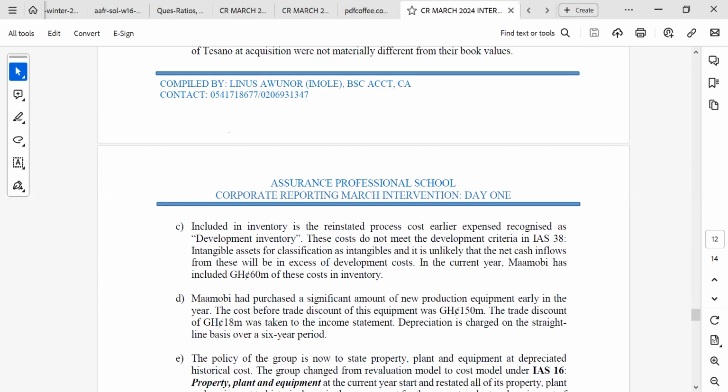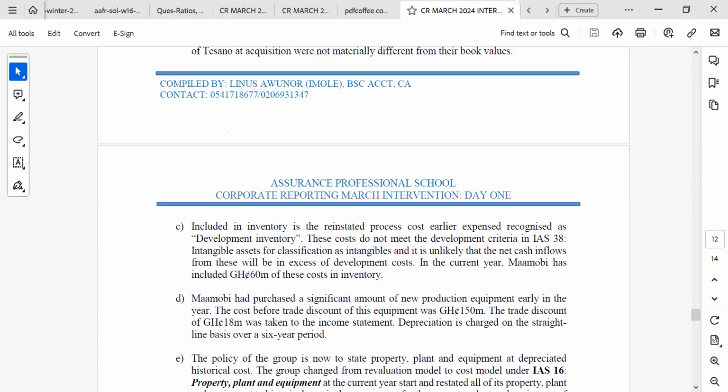This particular footnote is relating to who? Then you have to adjust it against that person, like the C. You ask yourself, who is doing this? It is Mamobi. So what should have been the correct treatment for this particular event? You just go and do the correct treatment for Mamobi. That is all. There's no big issue.